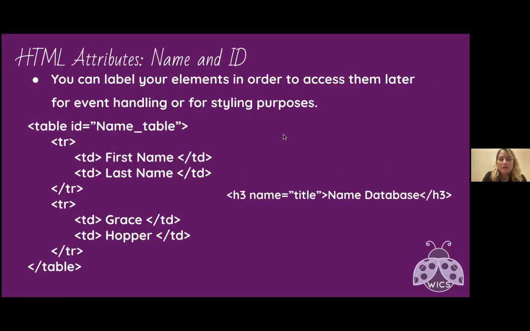So you can label your elements in order to access them later for event handling and for styling purposes. This is important for when you have a separate CSS sheet and you want to refer back to this specific table. So here the table ID is going to be name table.